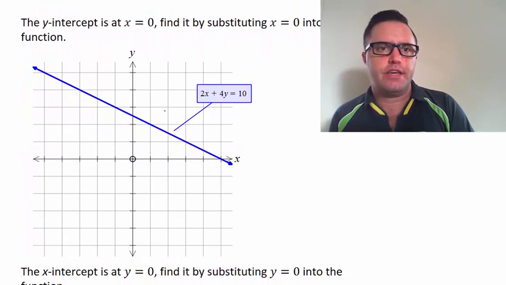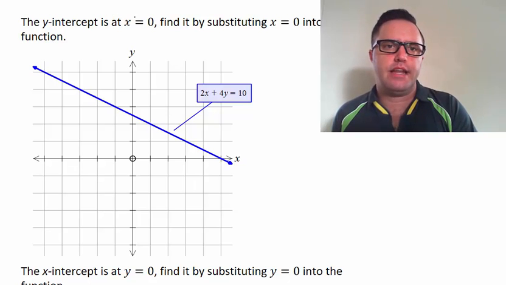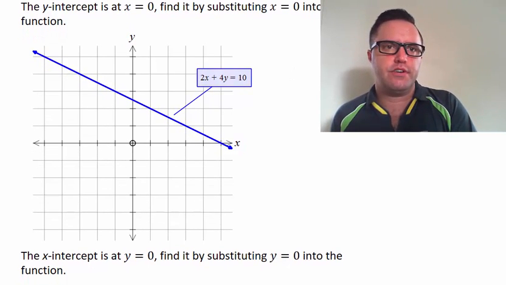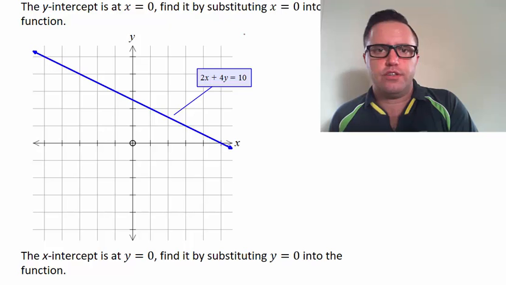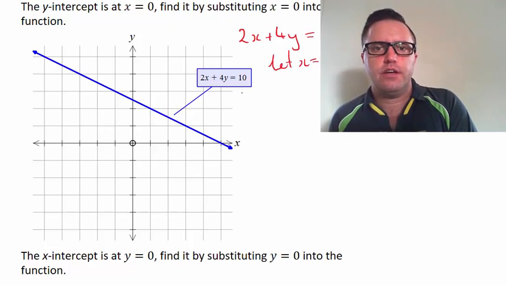Remember that the y-intercept is where x equals 0, and you find it by substituting x equals 0 into the function. So we've got this function here, in the form 2x plus 4y equals 10. We let x equal 0.